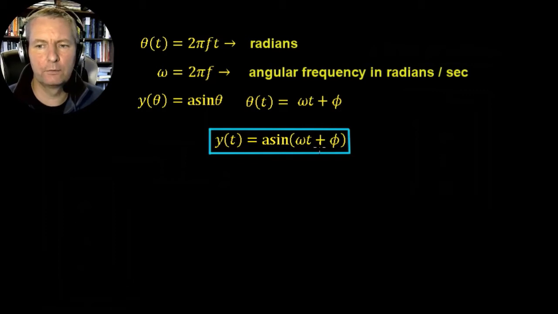Bringing these together, we end up with the equation y of t is equal to A sine of omega t plus phi. That gives us the height y at a time t, and it's dependent on the initial starting phase, on the frequency and the time, and also on the amplitude.